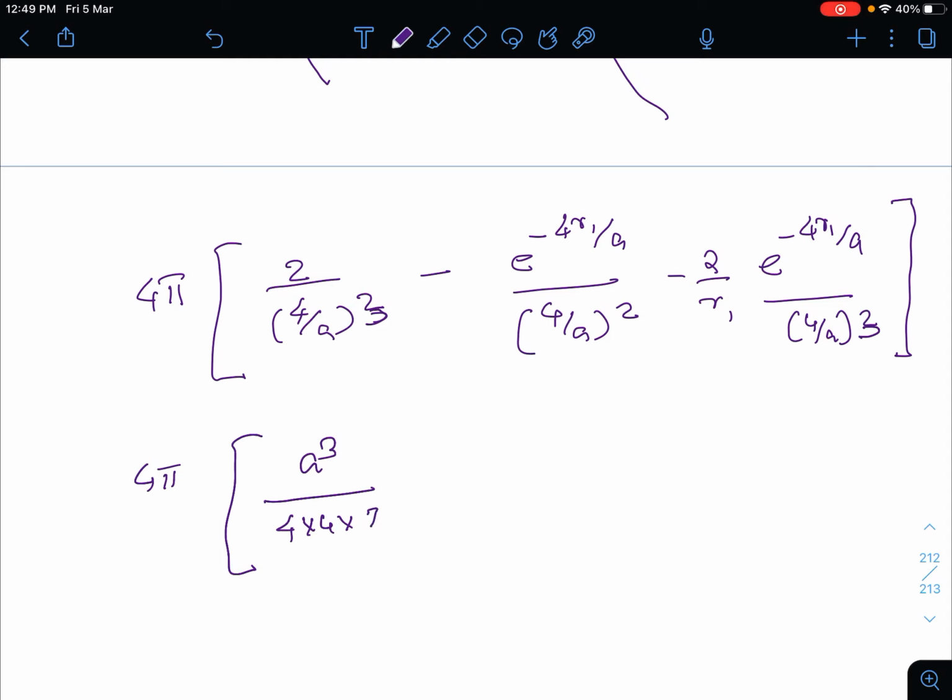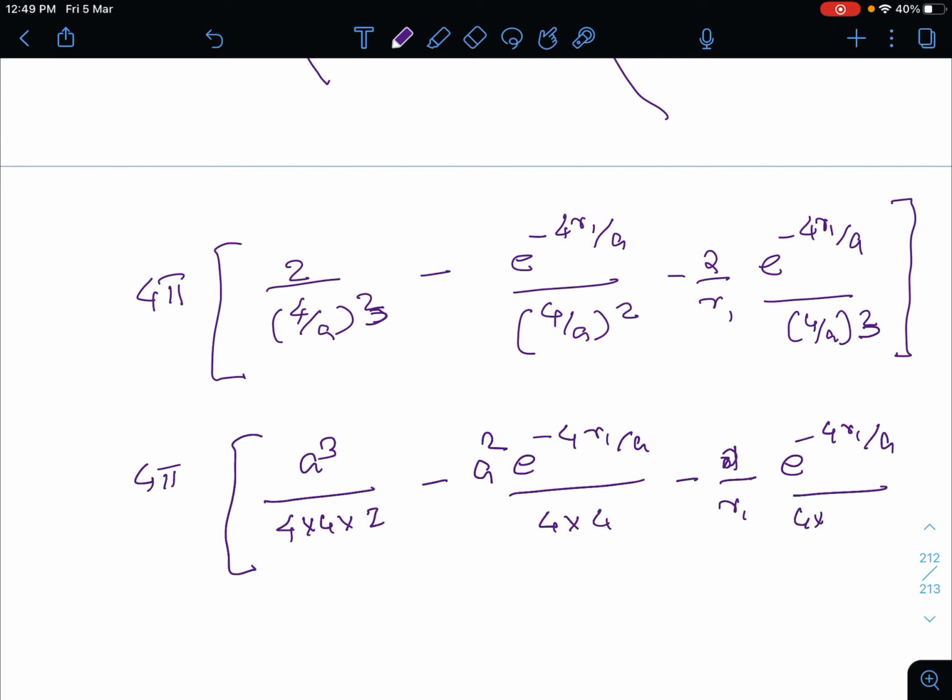So that is 2, minus e raised to minus 4 R1 by A divided by 4 into 4 A square, minus the same thing here, 1 by R1 e raised to minus 4 R1 by A divided by 4 into 2.